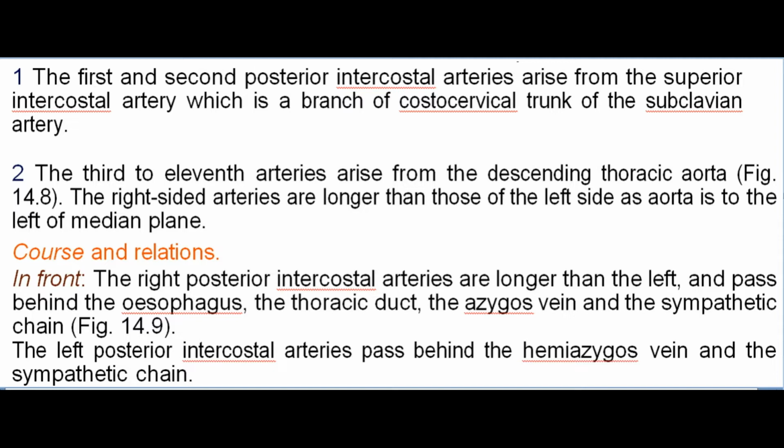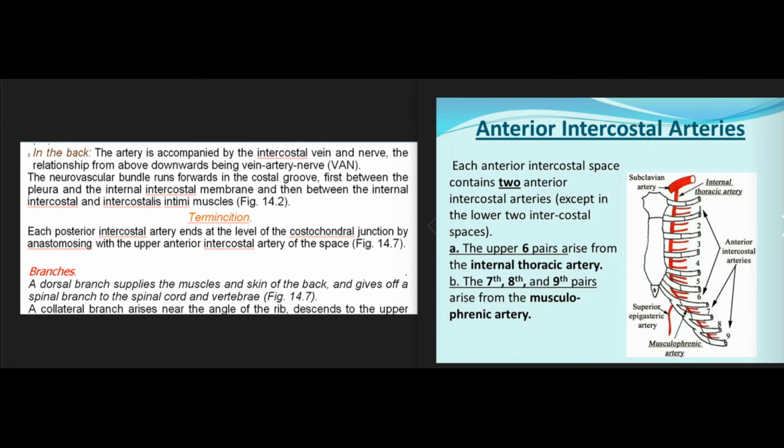Course and relations. In front, the right posterior intercostal arteries are longer than the left, and pass behind the esophagus, the thoracic duct, the azygos vein and the sympathetic chain, Fig 14.9. The left posterior intercostal arteries pass behind the hemiazygos vein and the sympathetic chain. 3.